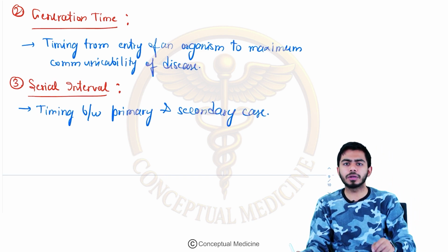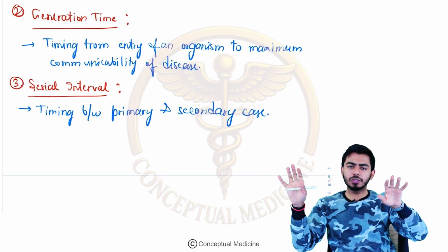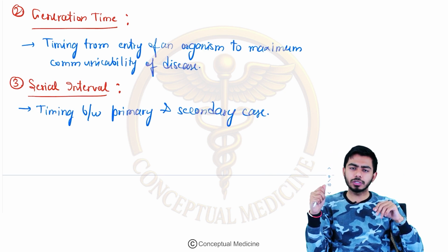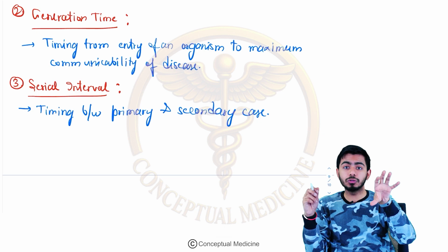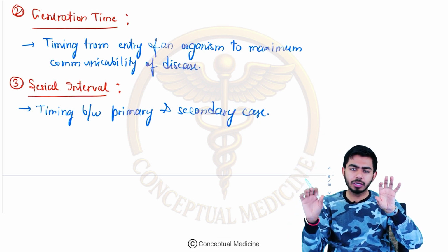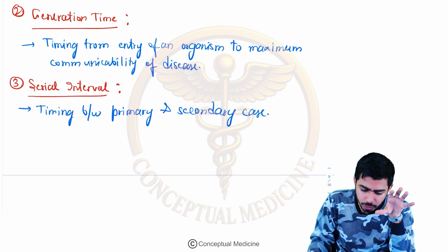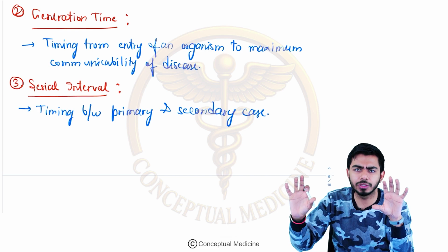I hope you remember quarantine and isolation, guys. What was the difference which we talked about earlier? Quarantine is done for apparently healthy individuals, and isolation is done for diseased people. Both are primary level of prevention.